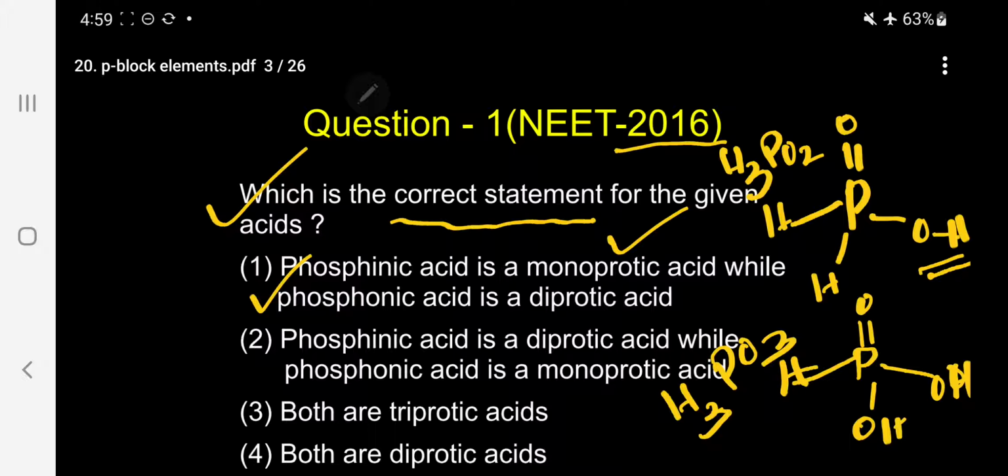Here only one OH is replaceable, here two OH are replaceable, so that it is diprotic acid.